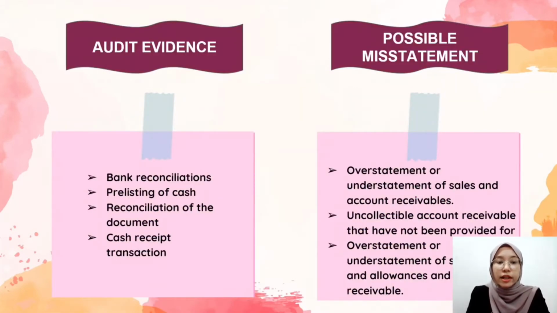Audit evidence consists of bank reconciliations, pre-listing of cash, reconciliation of the document, and cash receipt transaction. Possible misstatements that may occur are overstatement or understatement of sales and account receivables, uncollectible account receivable that have not been provided for, and overstatement or understatement of sales return and allowance and account receivables.